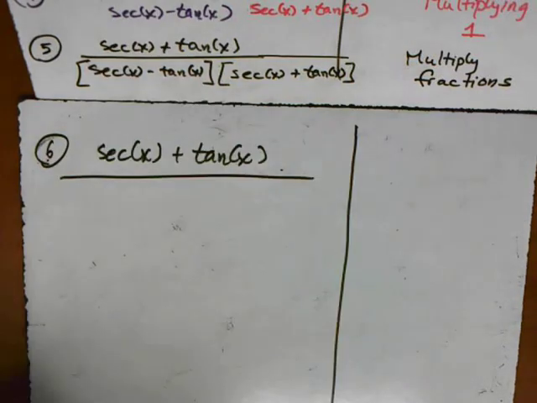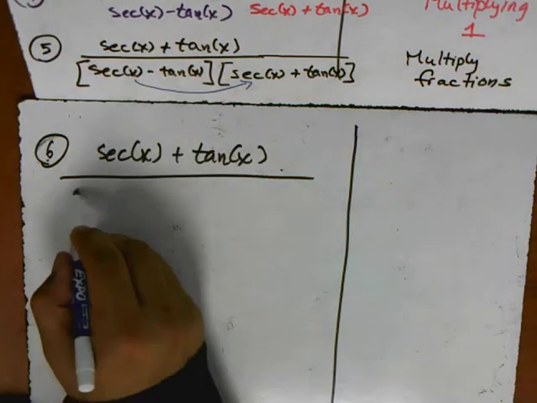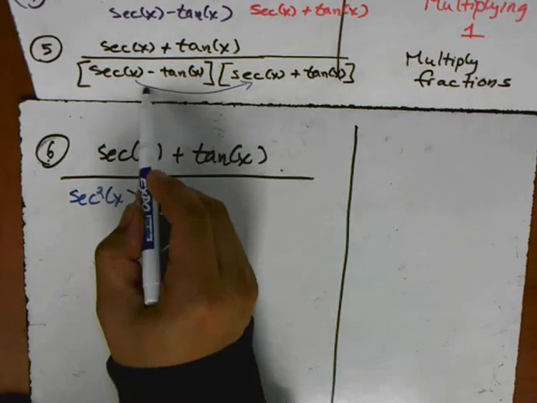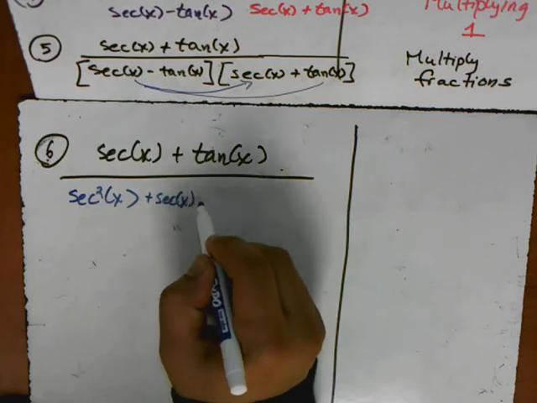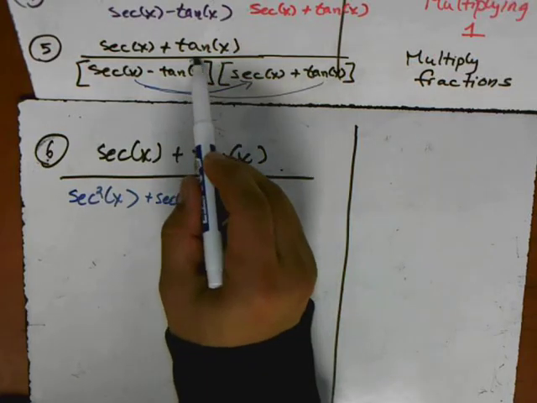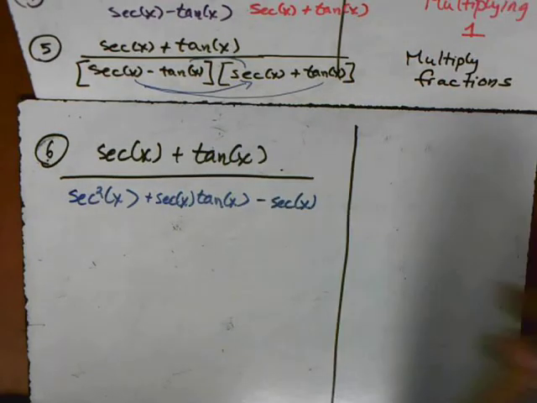And in my denominator, I am going to use the distributive property, otherwise known in this case as FOIL. So the first terms gives me secant squared of x. The outer terms gives me secant times tangent. The inner term gives me negative secant times tangent.